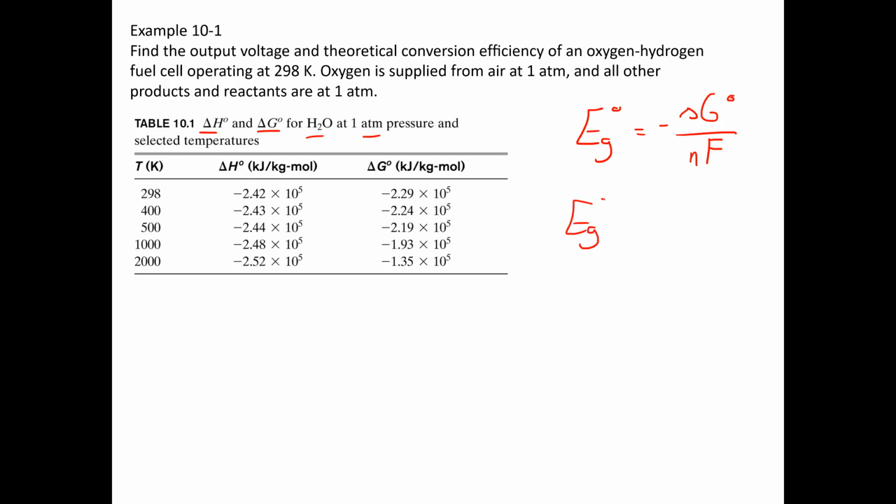So again, at 298 Kelvin, we get Gibbs free energy as 2.29 times 10 to the 5th kilojoules per kilomole, divided by the fact that we get 2 electrons out of the hydrogen-oxygen reaction, times the constant 96,500 coulombs per mole.